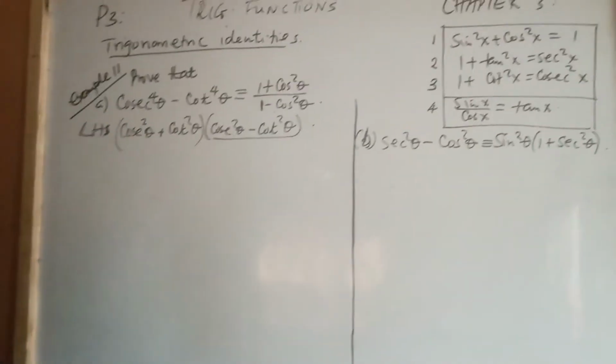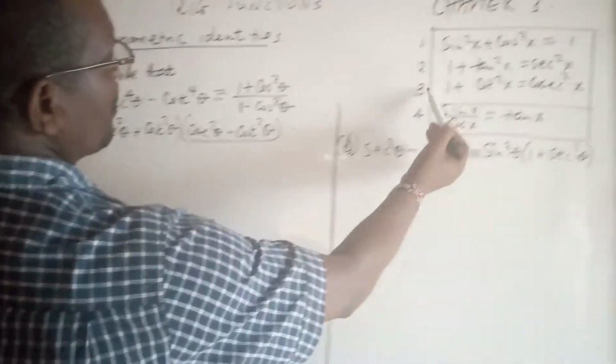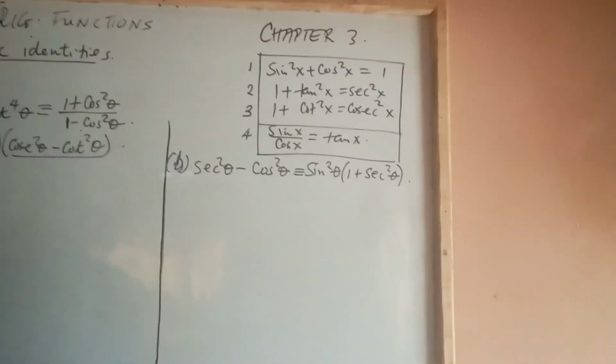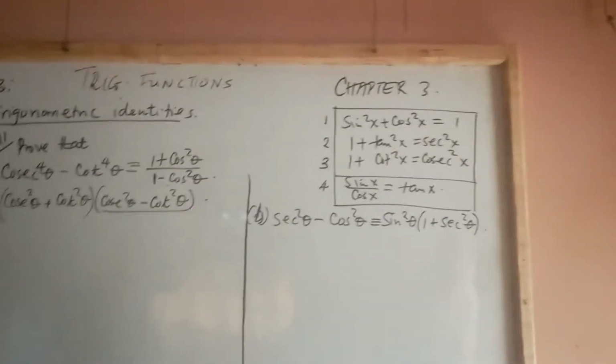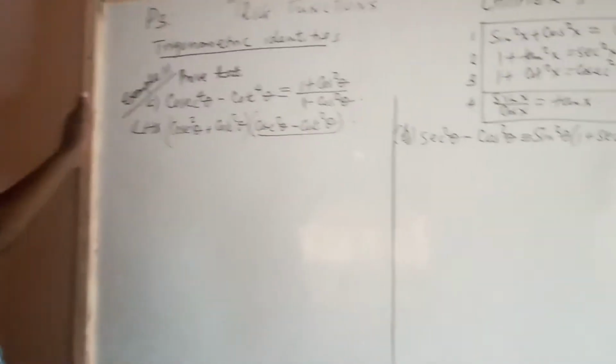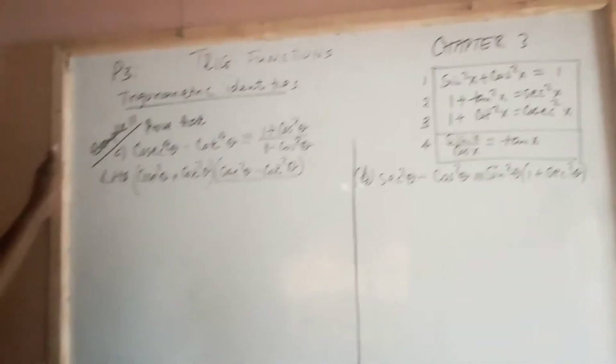Why do we need to concentrate on the second bracket? Because according to identity number 3, cosec squared theta can be written as 1 plus cot squared theta. And this positive cot squared theta is going to cancel out with the negative cot squared theta.